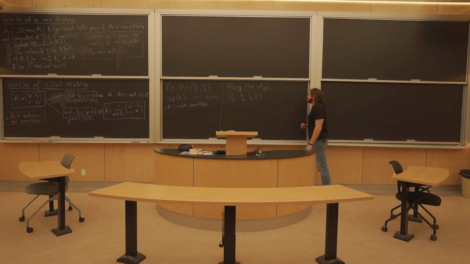Now what I can do is this. Let me do this step by step. Let me divide the first row by 2. So row 1 replaced by 1 over 2 times row 1. 1, minus 2, 1 over 2, 0. And then the second row stays the same.